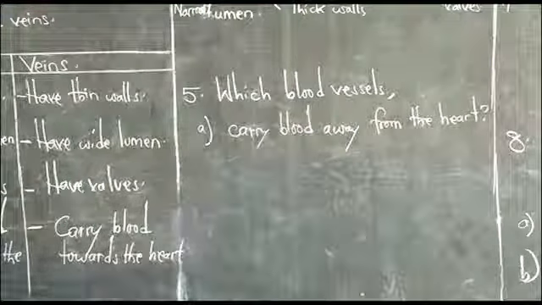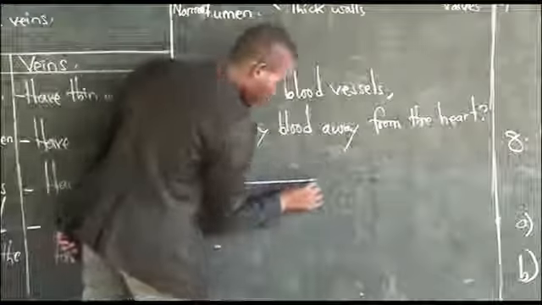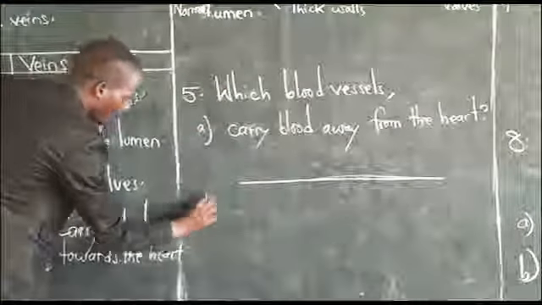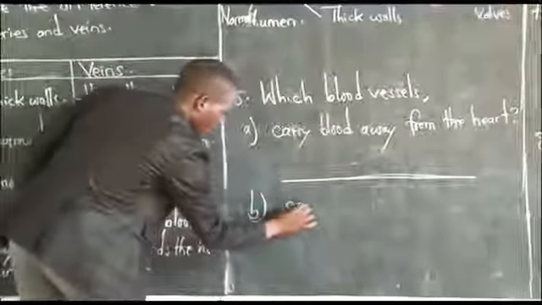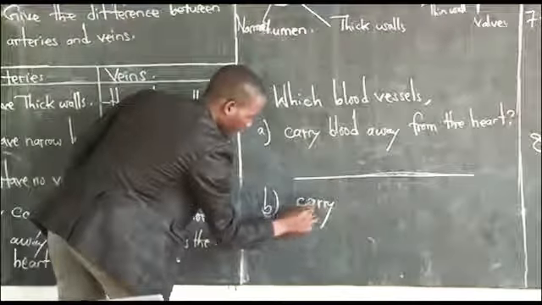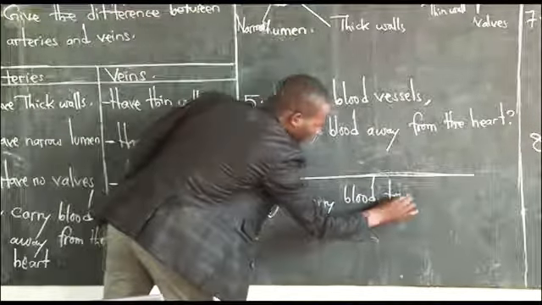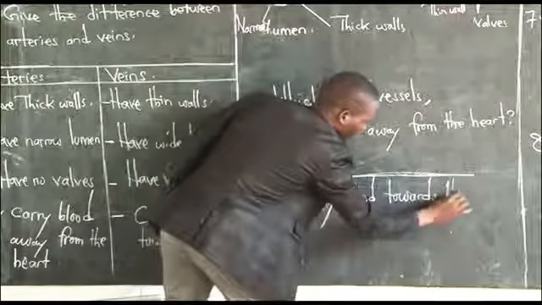So simply, you can answer this, okay? And then we go to part B. Which blood vessels carry blood towards the heart?